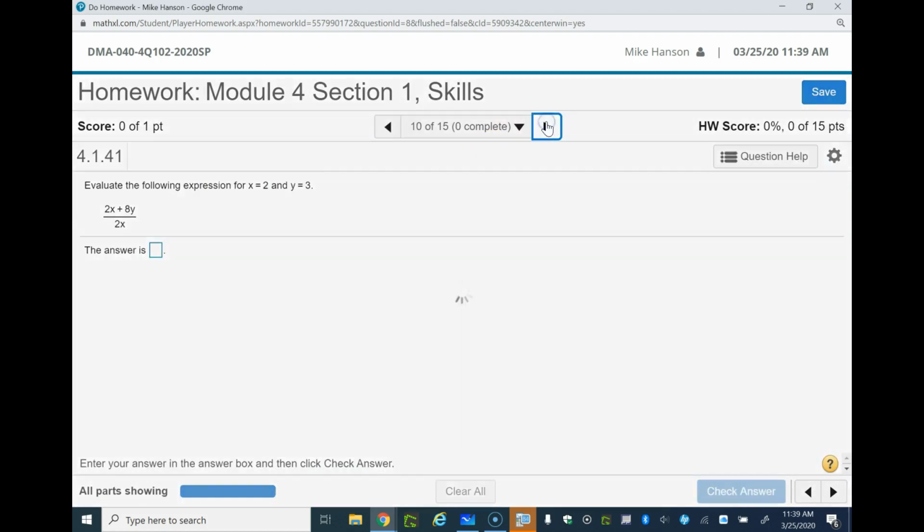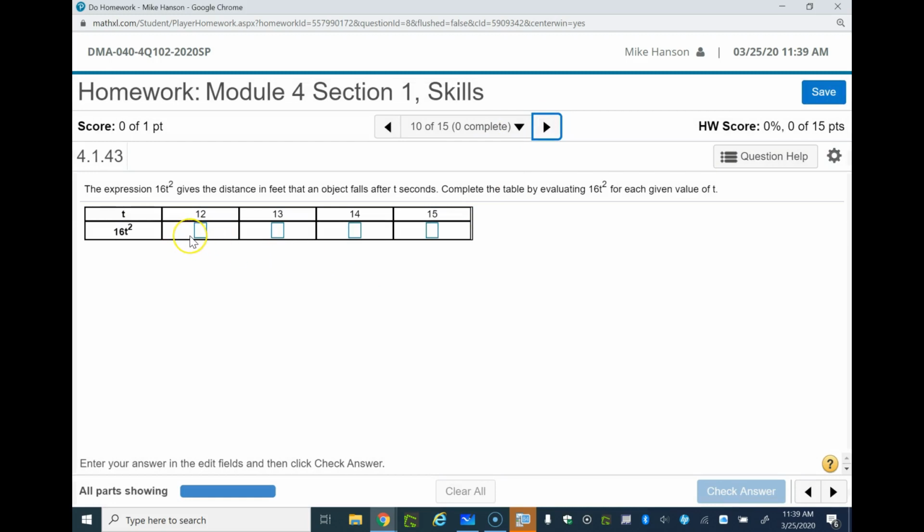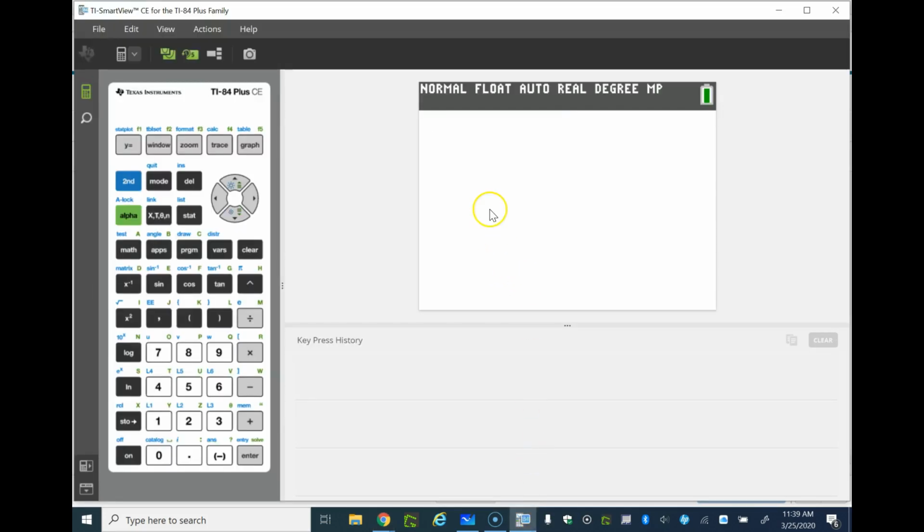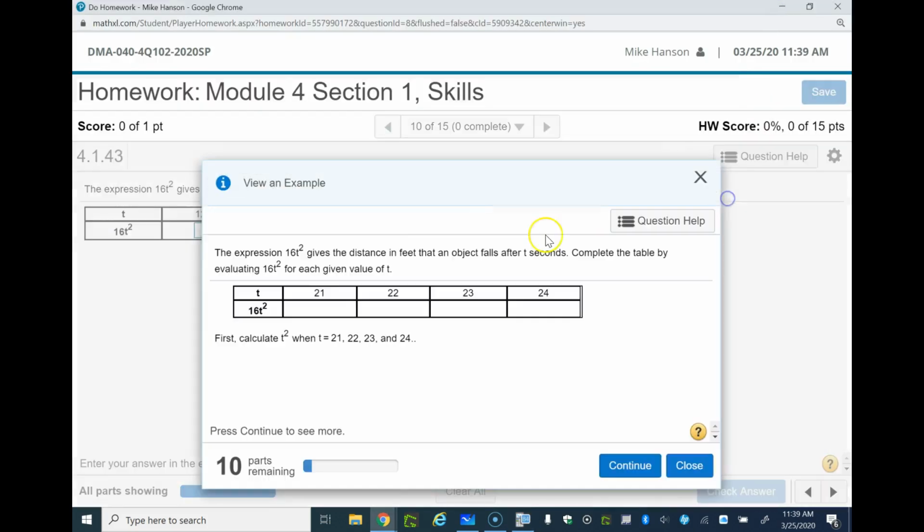Number 10 is also one of the ones. Since everybody probably completed this one, what you probably did was substitute t for 12, 13, 14, and 15 by putting it in your calculator probably like this. Actually, let's do the view example 1. Okay, they use 16 too, but they're going to use 21.